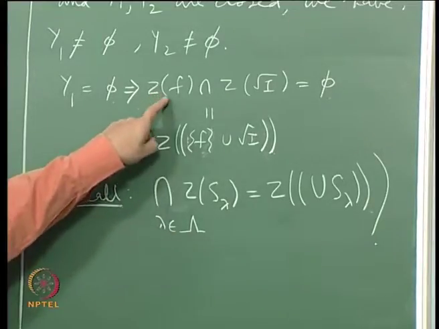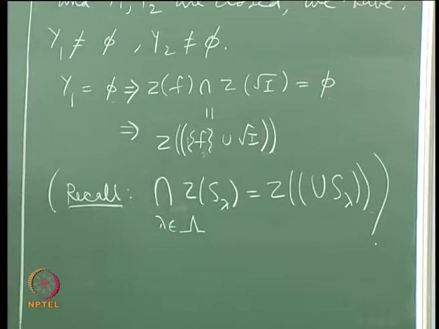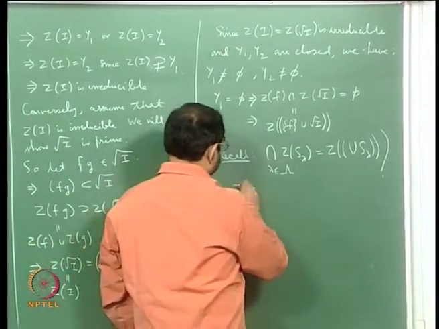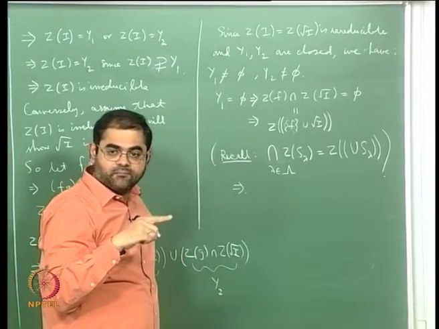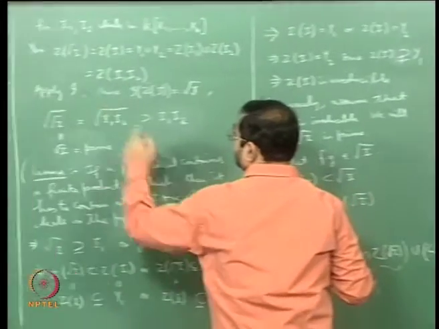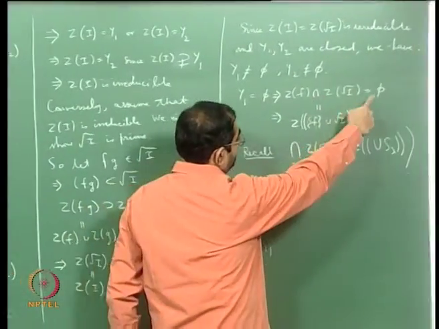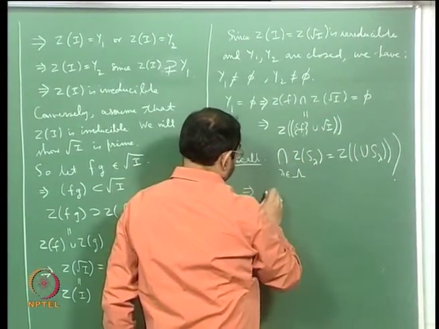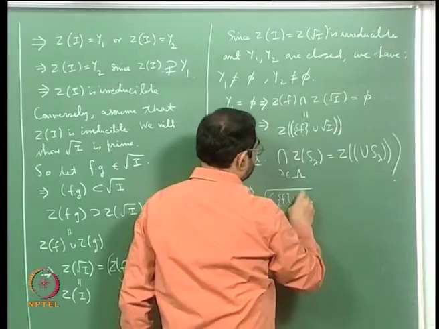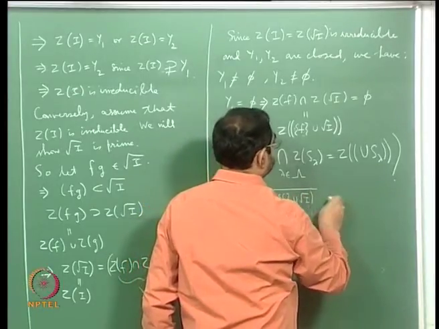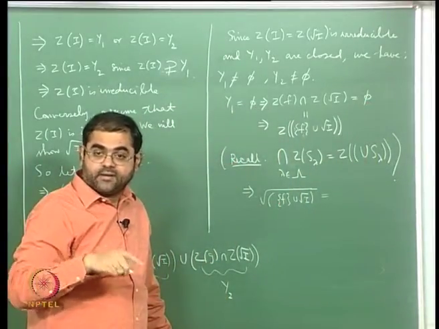So Z of f intersection Z of rad I will be Z of the ideal generated by f union rad I. And what that will imply is, if I apply I to both sides and use the fact that I of Z of J is rad J, I will get the radical of the ideal generated by f union rad I will be, if I apply I to the null set, the whole ring.